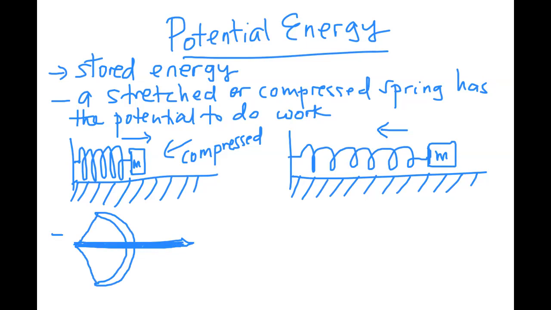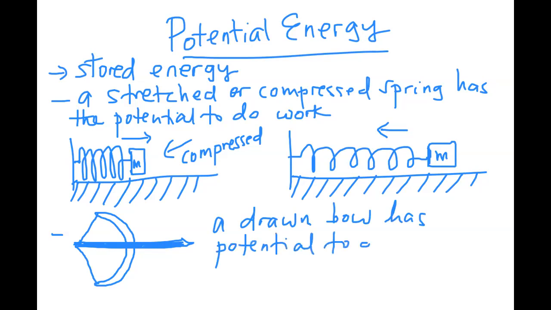So a drawn bow has potential to do work on the arrow. That is the potential energy of the bow and string. This is stored energy.